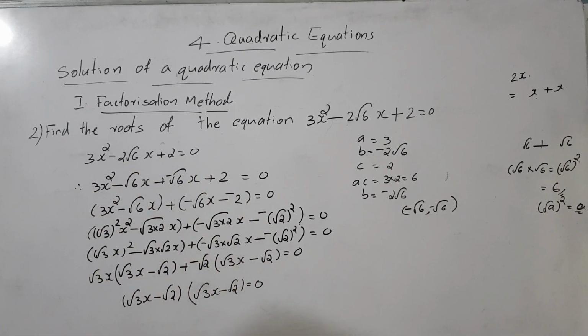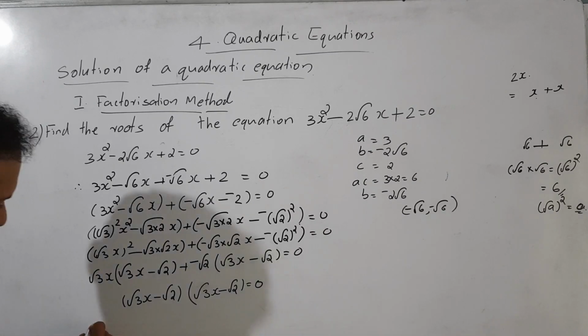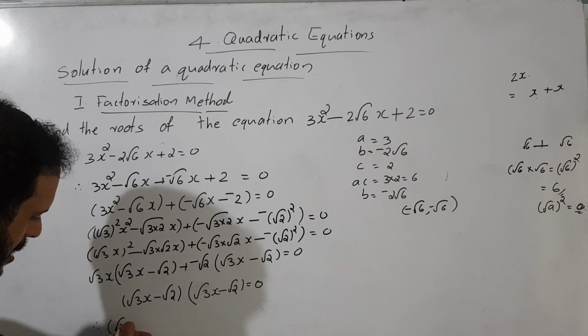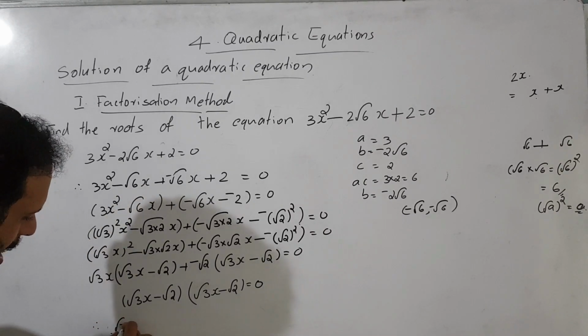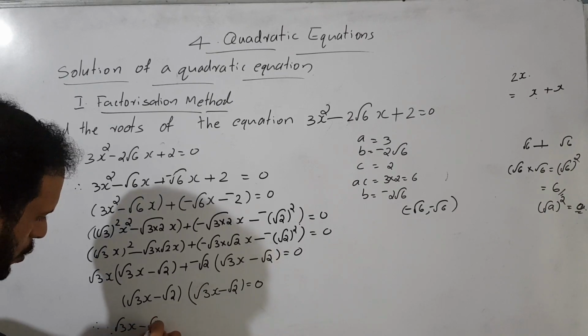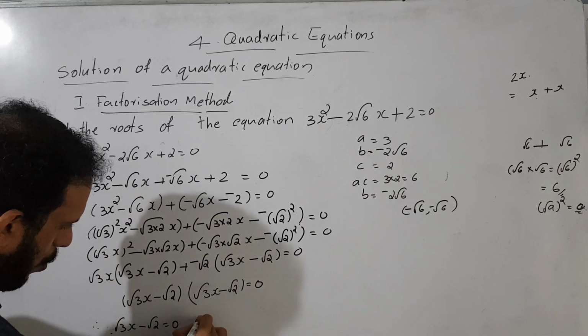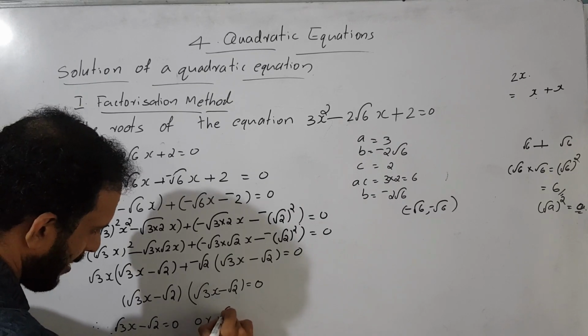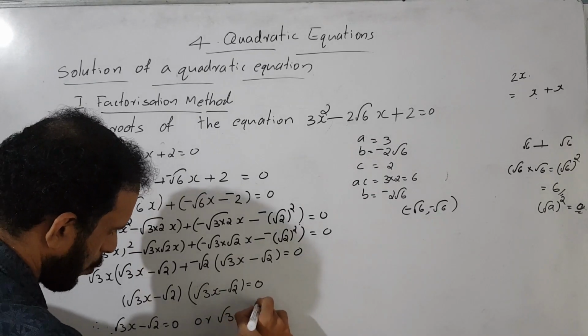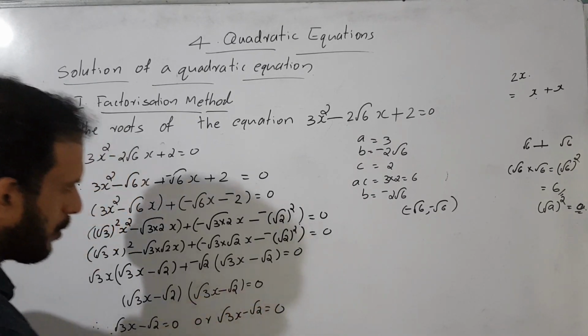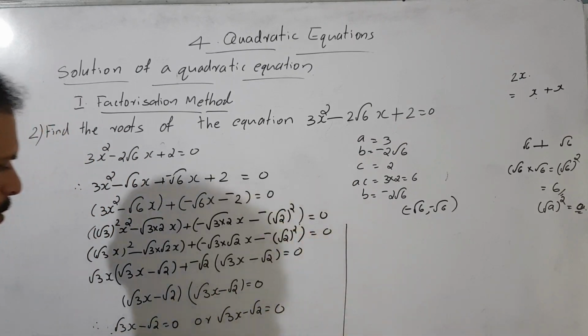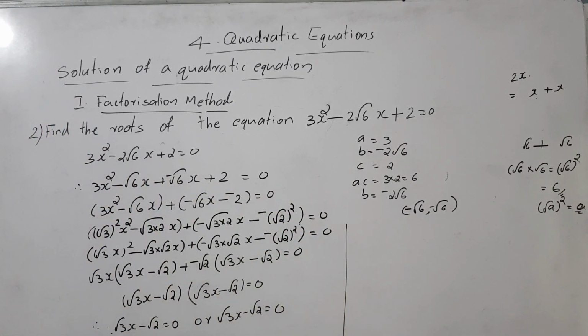Okay, then what is the next? Therefore √3x minus √2 is equal to 0, or √3x minus √2 is equal to 0. Okay, then if we take the first one, what result do we get?